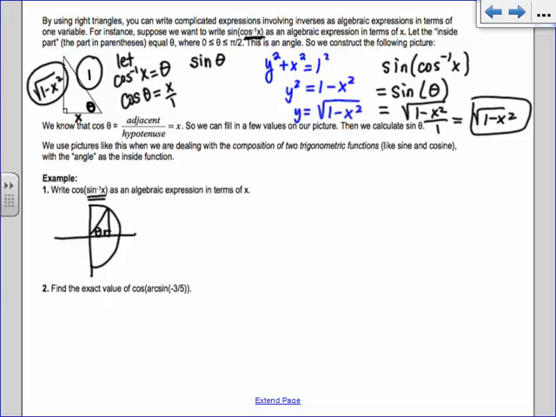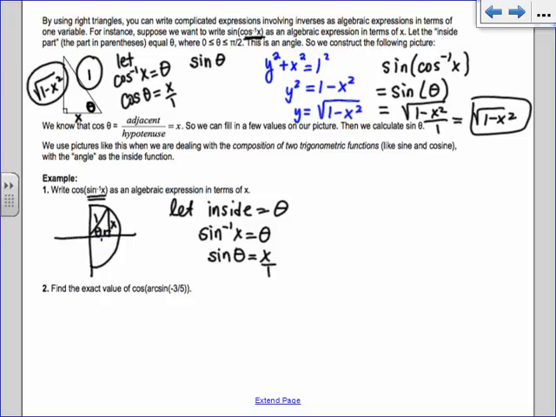So we want to let that inside part, inverse sine of x, equal theta. We rewrite that equation, so we have sine of theta equals x, more specifically x over 1. So I'm going to have opposite over hypotenuse: opposite was x, hypotenuse was 1.